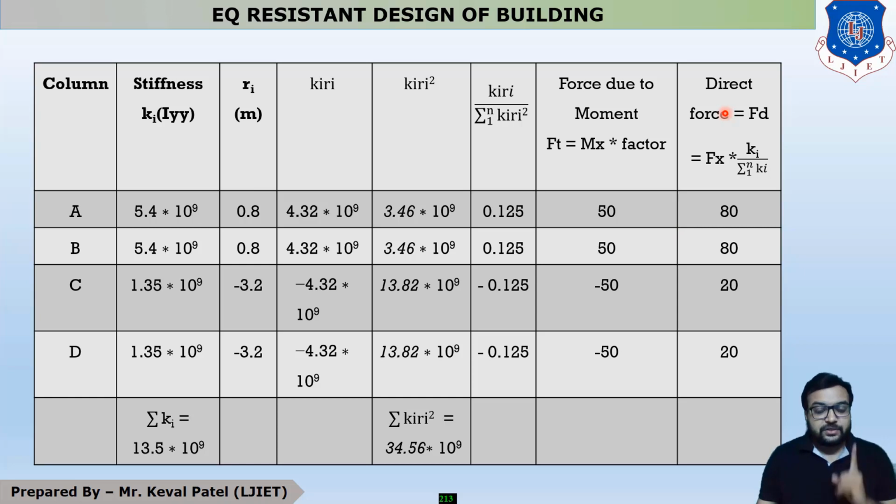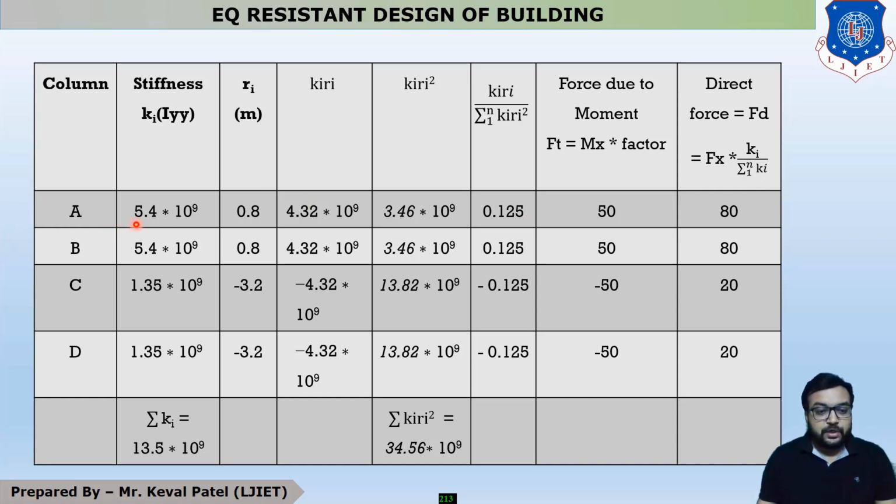Now the last column is very important: which column takes how much load. The equation is Fx, meaning force, which is 200, into Ki divided by summation of Ki.